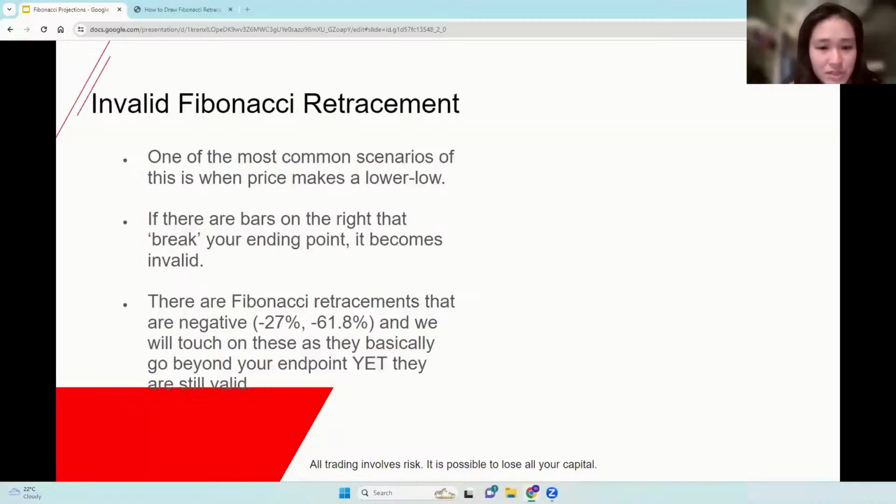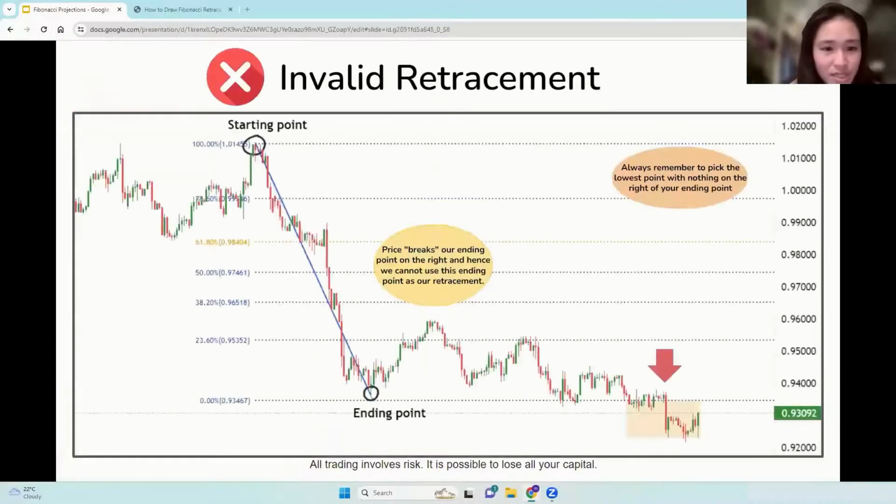There are Fibonacci retracements that are negative. Previously we talked about Fibonacci expansions that are minus 27 and minus 61.8. Even though those break below the 0% level, those are still considered valid, and I'll touch on those in a little bit. But this is the example of an invalid retracement.